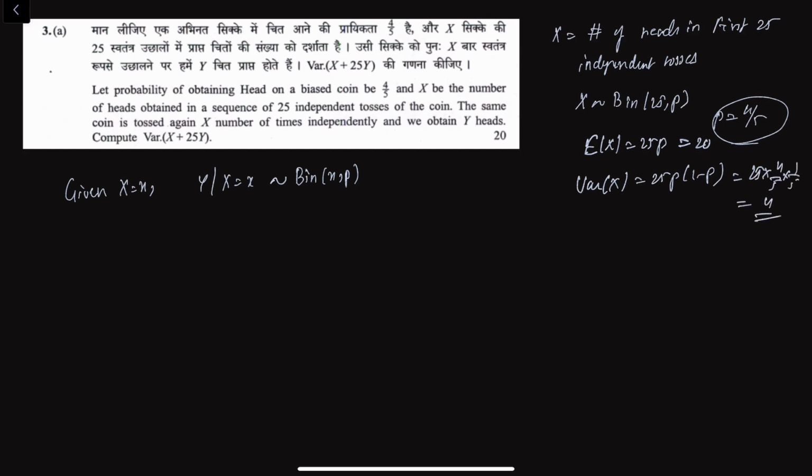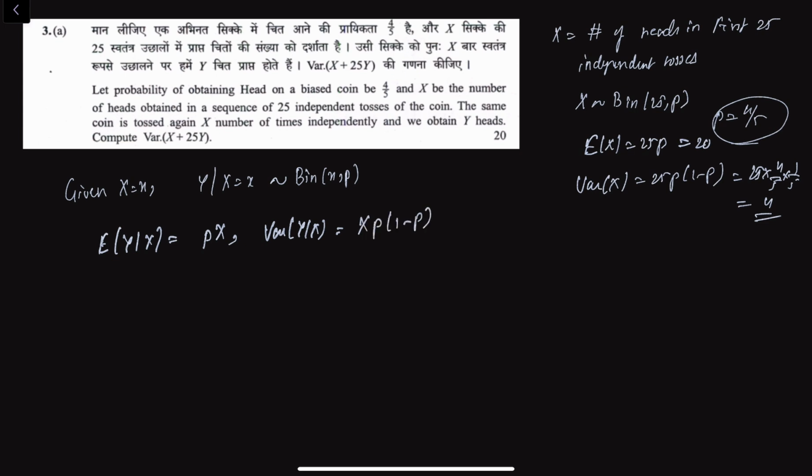So the variance is 4 and the expectation is 20. Now we need to find the expectation of Y given X. That's nothing but p times x, and the variance of Y given X would be x into p into 1 minus p.